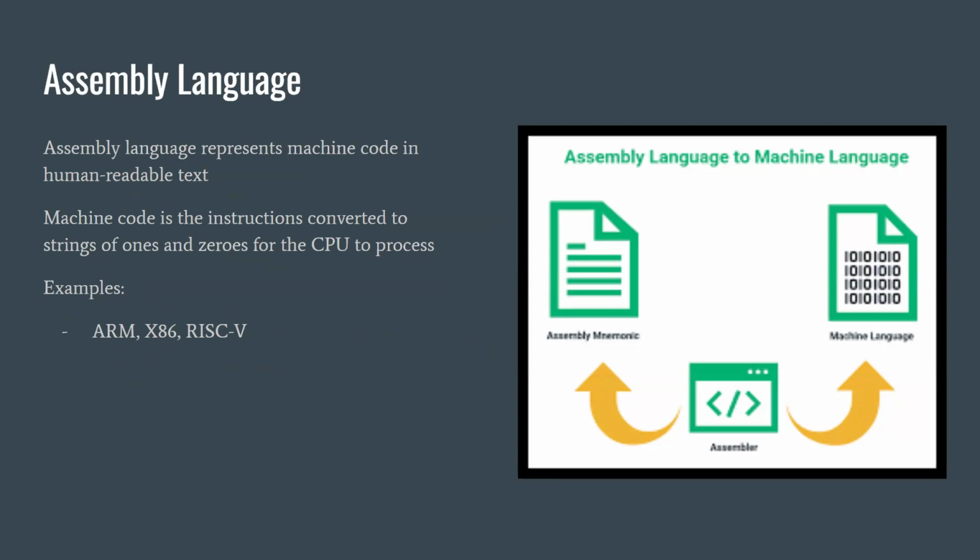To give you a brief overview of assembly language, it basically represents machine code in human readable text. So you can see that in a computer, everything is represented as 1 or 0. And it's really difficult for humans to process that.